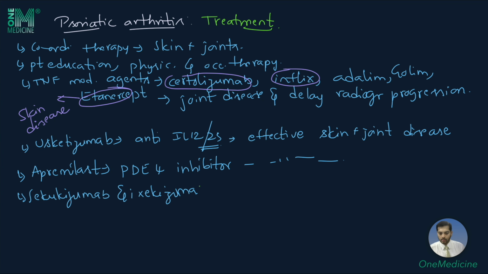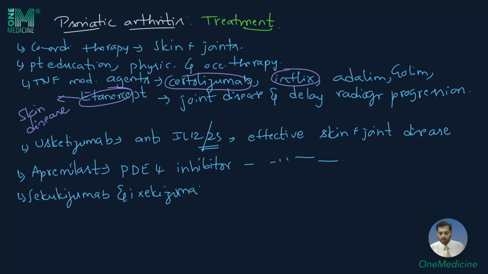Abatacept, which is a CTLA4 immunoglobulin complex, has been used to reduce the symptoms and in disease control of psoriatic arthritis. Other options include tofacitinib, which is a Janus kinase inhibitor, used in patients with inadequate response to methotrexate or other disease modifying anti-rheumatic drugs, which are not effective in such patients.